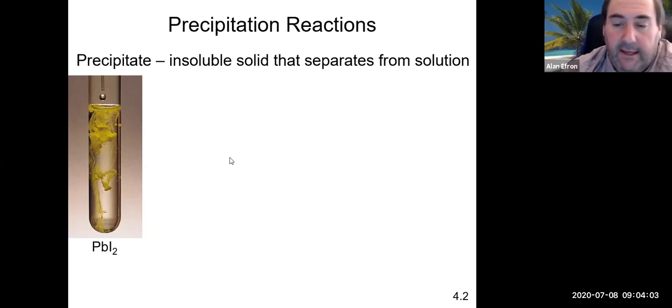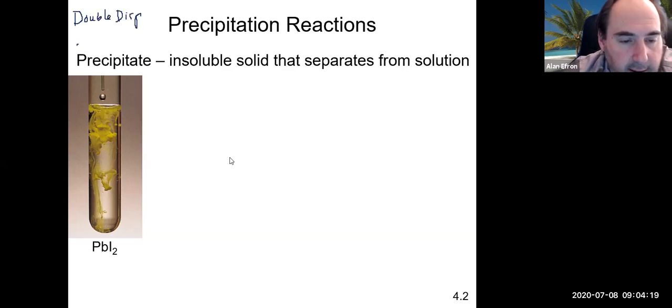So let's talk then about a particular type of reaction, which is a precipitation reaction. And this is really under a big class of reactions, which are known as double displacement reactions. So under this big umbrella of double displacement reactions, a precipitation reaction is a certain type of it.